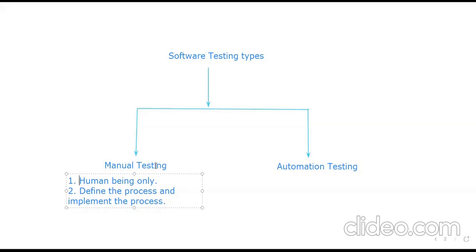Suppose I ask someone to test OTP authentication. In order to test OTP authentication, there is one process. In order to test flight booking, there is another approach. In order to test some ATM software, there is a different approach. For each thing the approach may or may not be the same.